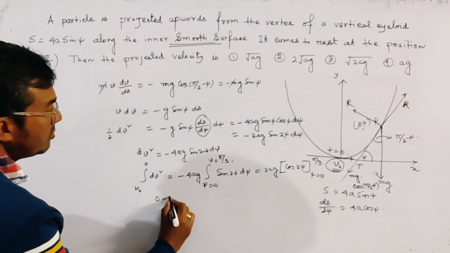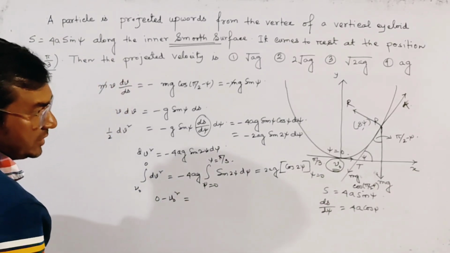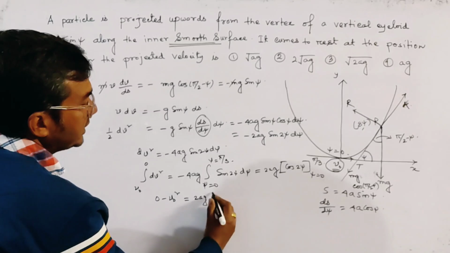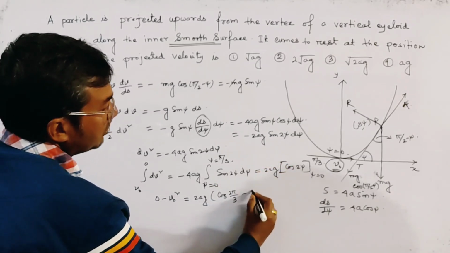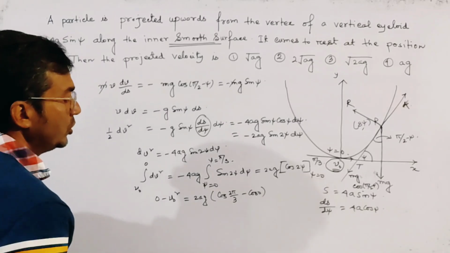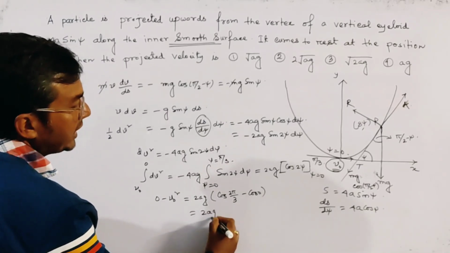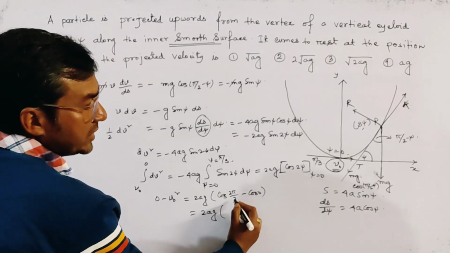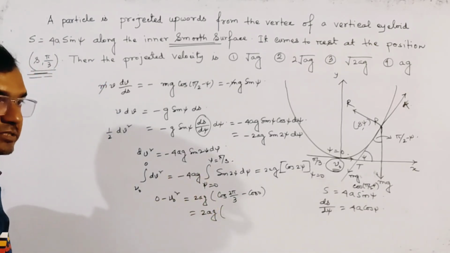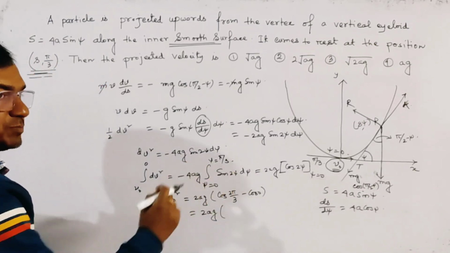So we get 0 minus v0 square equal to 2ag into (cos 2 pi by 3 minus cos 0). Here cos 2 pi by 3 is minus cos pi by 3, because this is cos of (pi minus pi by 3).